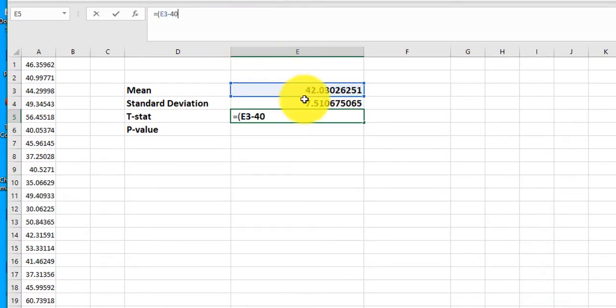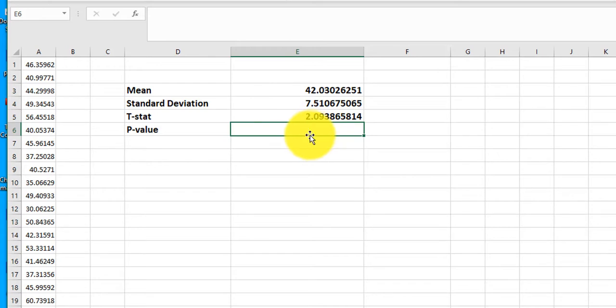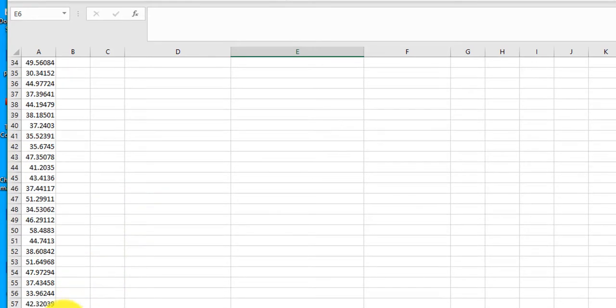E3 is this 42, so 42 point all of this minus 40, divided by the standard deviation divided by the square root, SQRT, and then I believe we had 60 data points. And then I press enter. I just want to make sure we did have 60 points here, yeah.